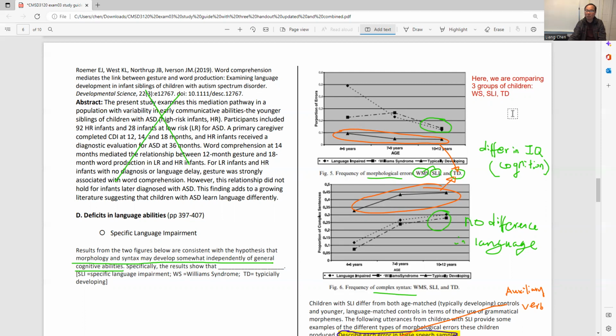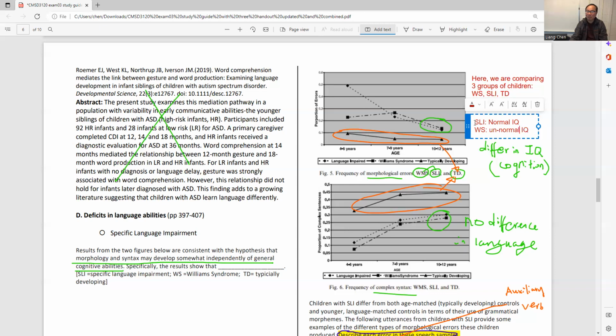They differ in cognitive skills, because children with SLI have normal IQ, and children with Williams syndrome have below normal or low IQ. So that's the cognitive difference.